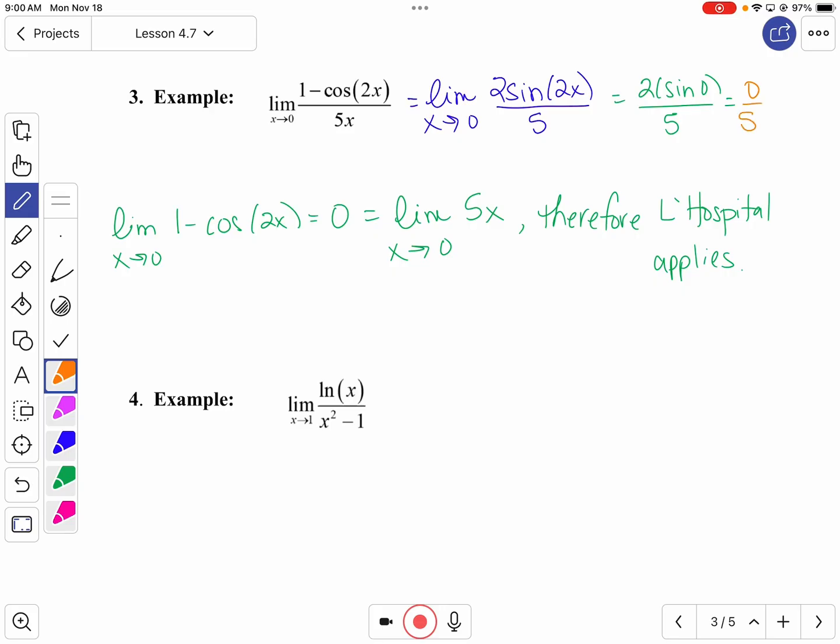And 0 divided by 5 is 0. And that's the value of that limit. Okay, what do you think? That's L'Hopital. It's really powerful. It doesn't always apply, but when it does, it's great.